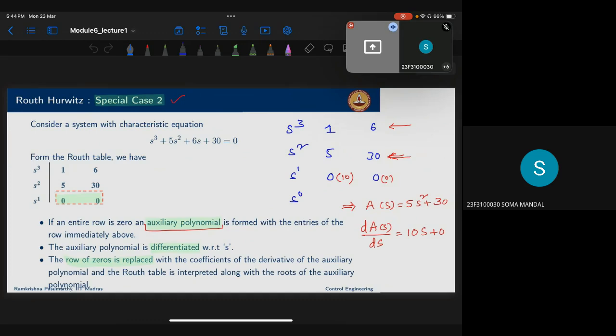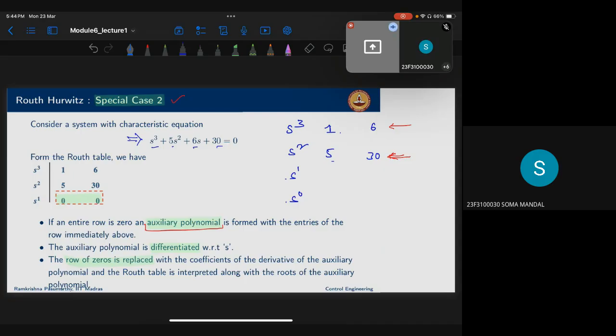Special case two is, now consider this equation. I am trying to form this RH table. Now you can see that the highest order is s cube, s square, s power 1, s power 0. This will be 1, then next 5, then next 6, then next 30.